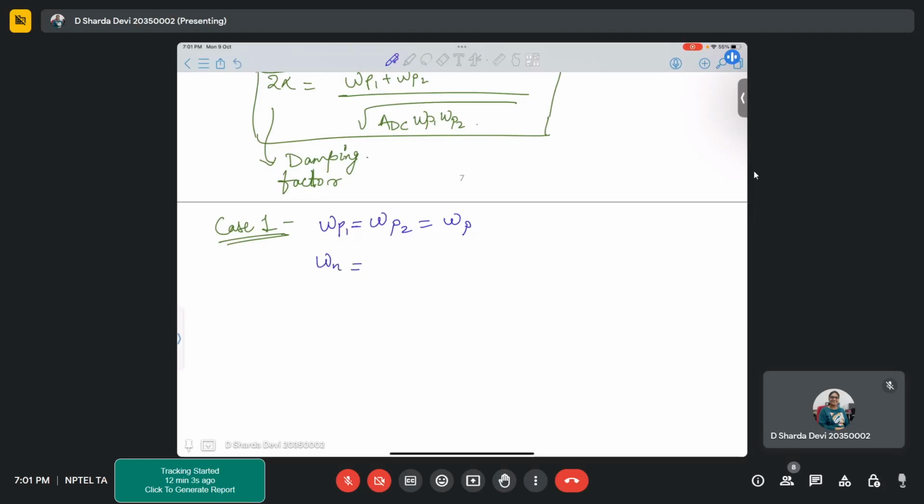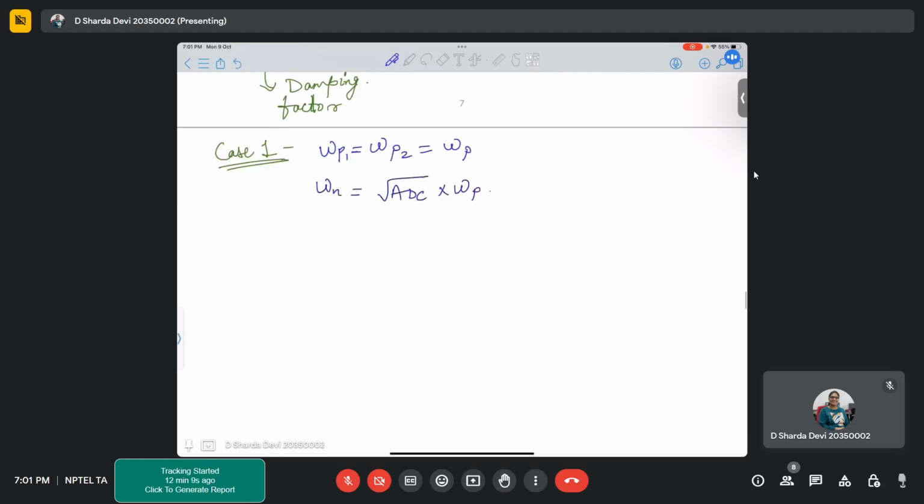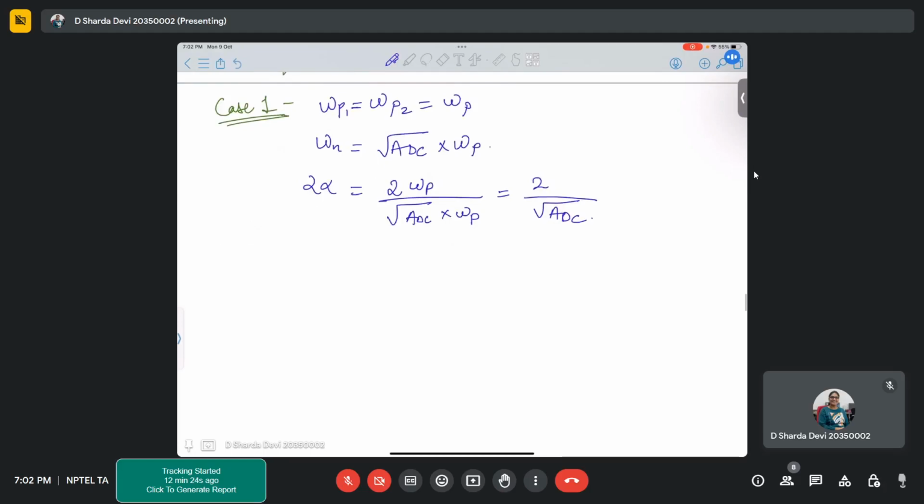Your omega n will become root over ADC into omega P, and your 2 alpha will become 2 omega P upon root ADC into omega P, that is 2 upon root ADC. So alpha is 1 upon root under ADC, right?